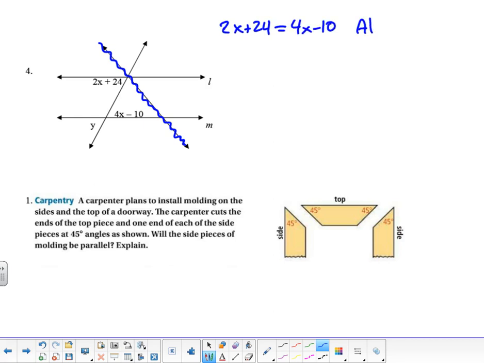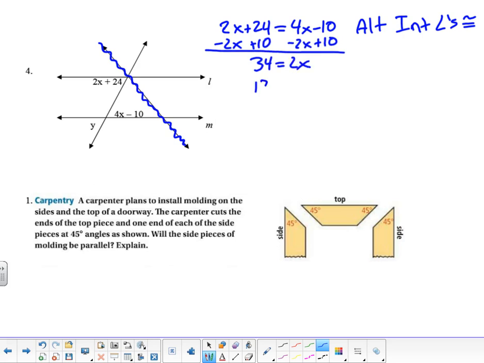What we want to recognize is those are alternate interior angles, and those are congruent when the lines are parallel. So I would probably subtract 2x, add 10 to this, okay, and so I'd get 34 equals 2x, and so 17 equals x.